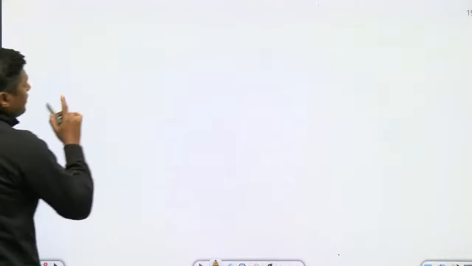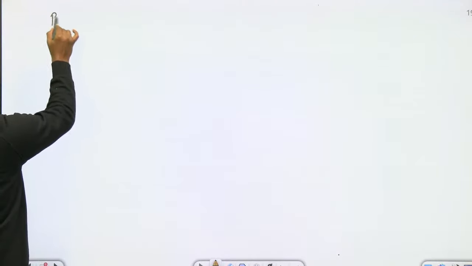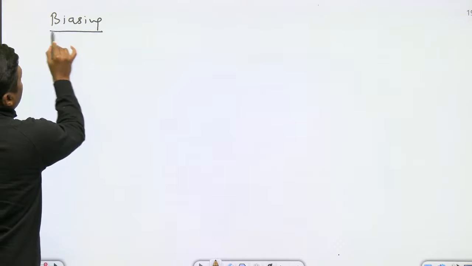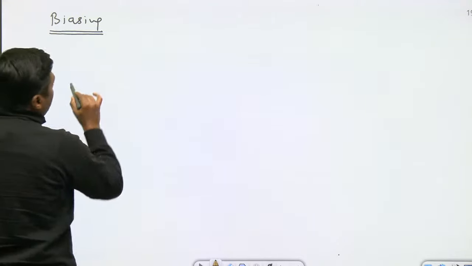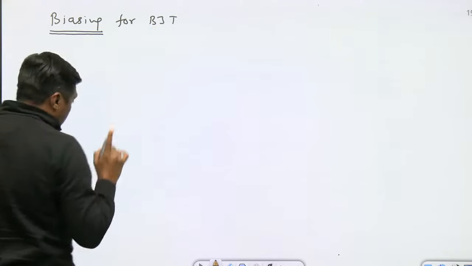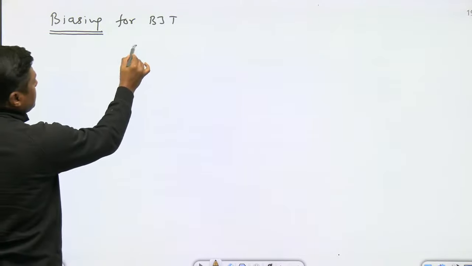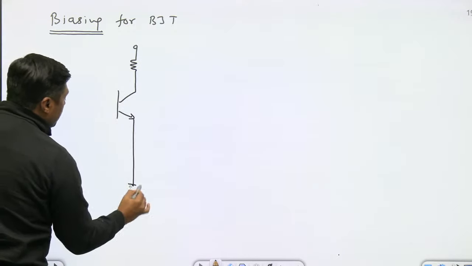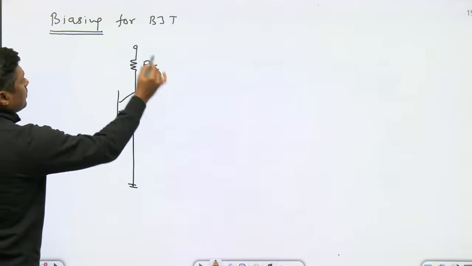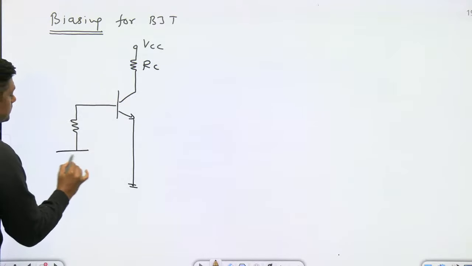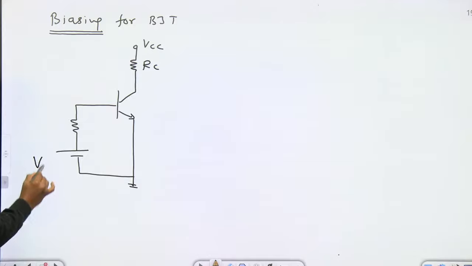Now we are having different types of biasing. First of all, biasing in BJT, that is the quick revision and how we can solve the question on that. First, fixed bias circuit. Normally we are connecting a resistor RC here, VCC here, and simply VBB here and RB here.